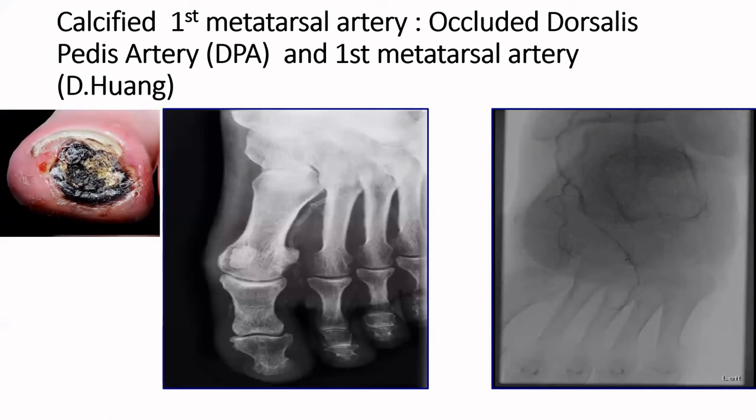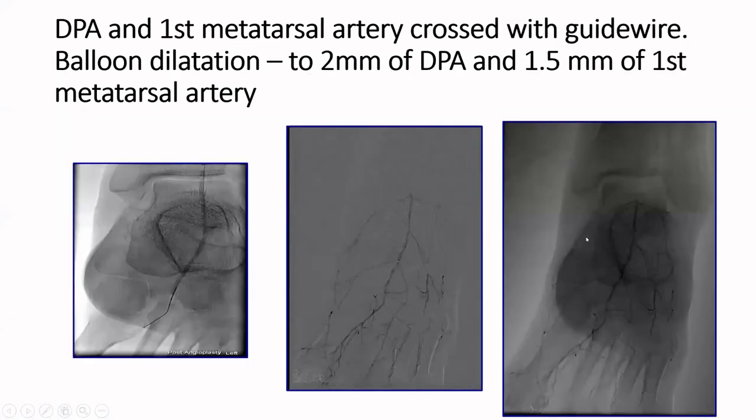And also endovascular techniques now go down into the foot. This was a patient with a necrosis at the apex of the toe. You can see the calcified metatarsal artery here. This is the angio using gadolinium as a dye because of the renal function, and you can see hardly any perfusion to the first metatarsal.